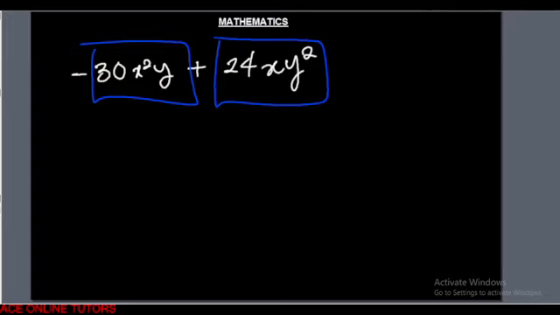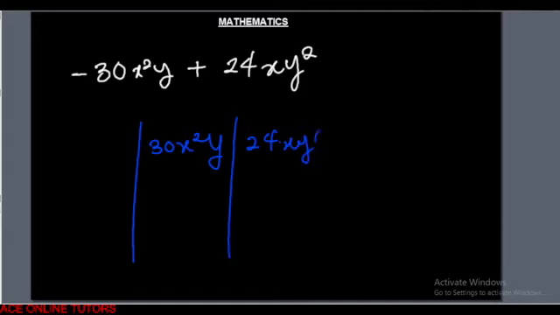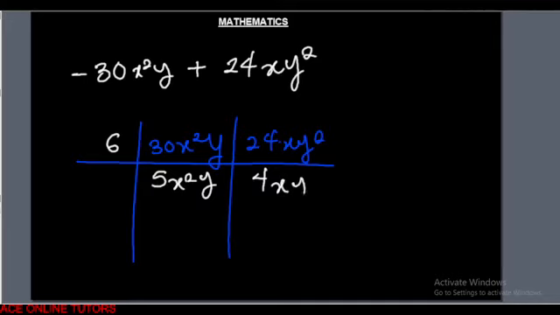Then you find the HCF. So you say 30x squared y, that's the first term. What's the second term? 24x y squared. Look for what can divide the 2. What can divide the 2? 6 can divide. So 6 in 30, that's 5x squared y. 6 in 24, that is 4x y squared.